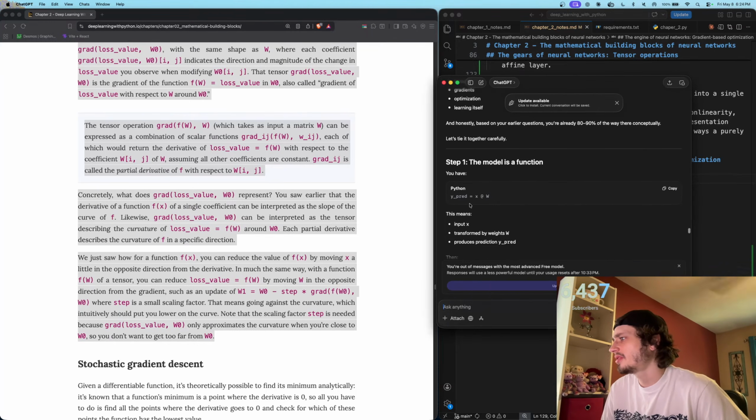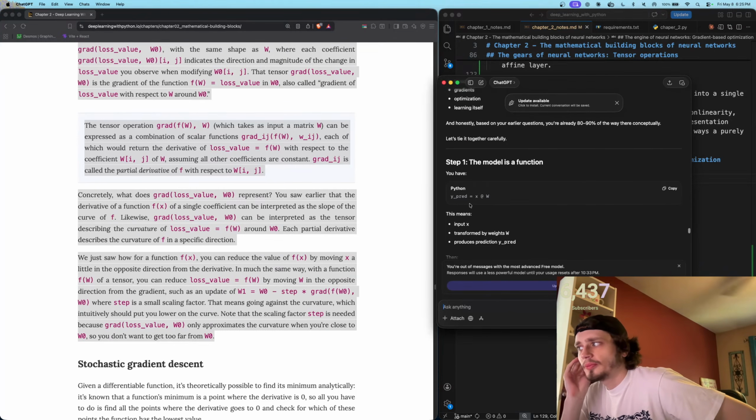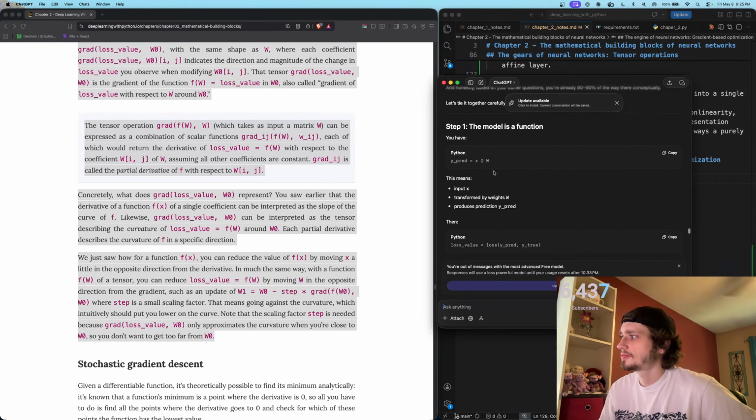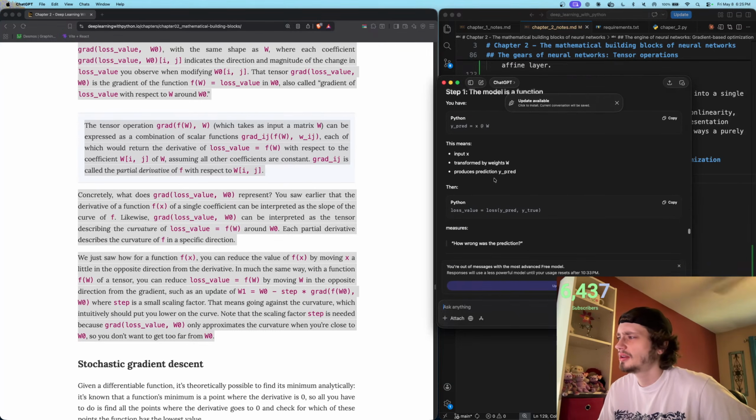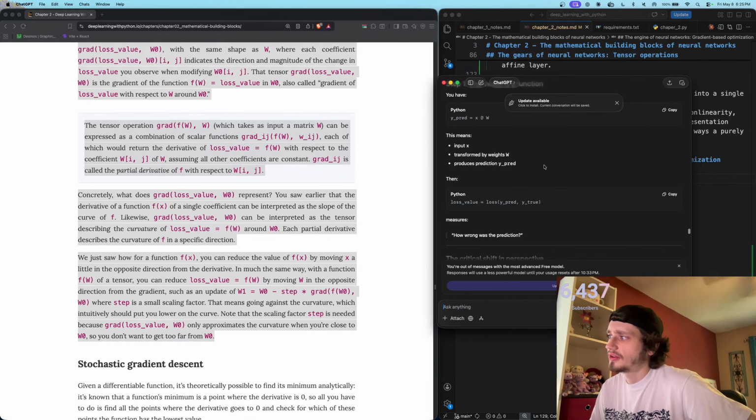You have y predictions is equal to x matrix multiplied by W. This means that input x transformed by some weights W produces predictions y predictions. Then loss value is calculated by computing the loss of y predictions and y true. How wrong was the prediction is the loss value.